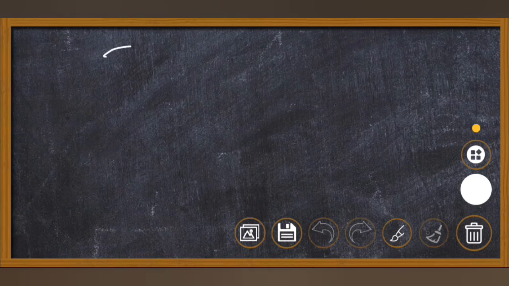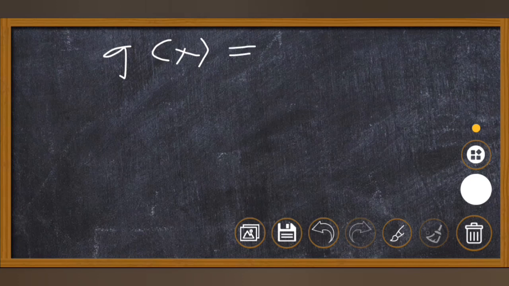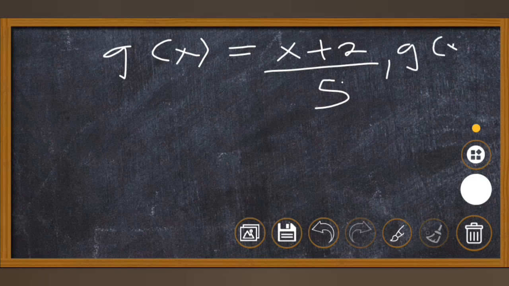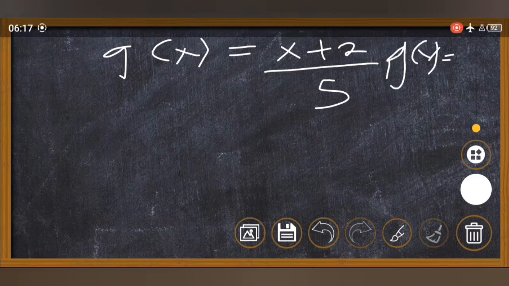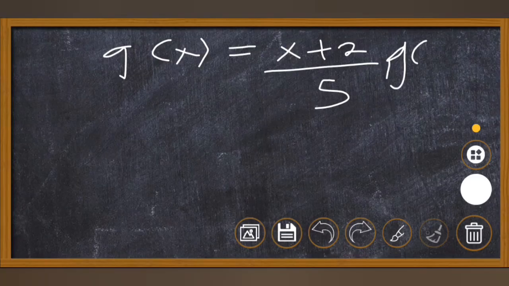You can be given different kinds of expressions. Let's say g of x equals x plus 2 over 5. In this case, let's say you have been asked to find the value of g of 8.